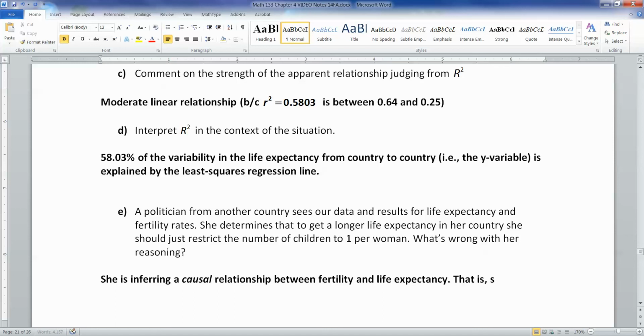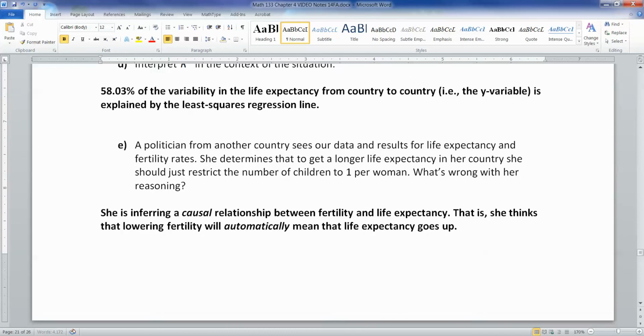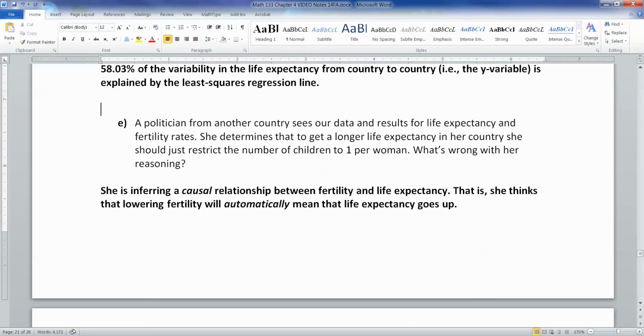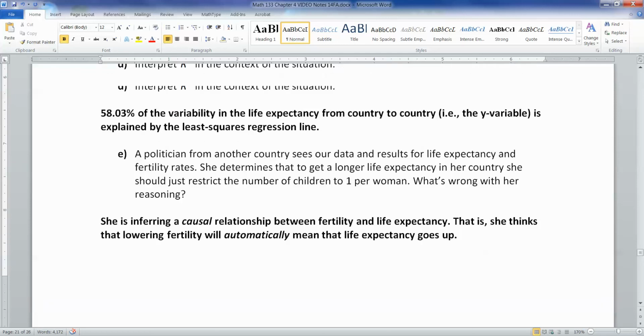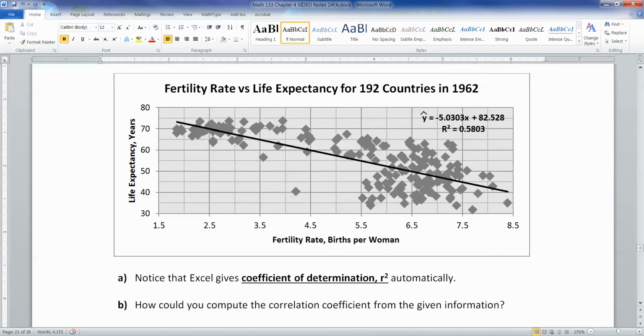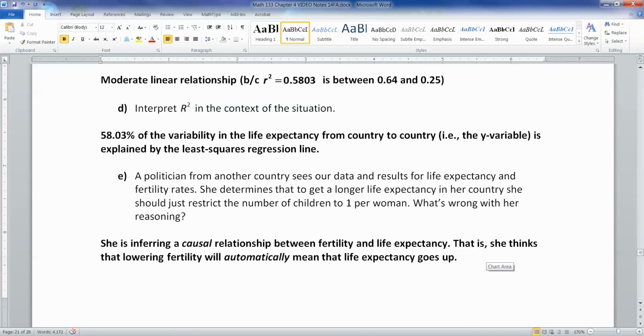That is, she thinks that lowering fertility will automatically mean that life expectancy goes up, just magically. In reality, of course, that's a very poor decision to make. It's a very poor idea because there are a lot of things that are affecting the life expectancy in different countries, right?